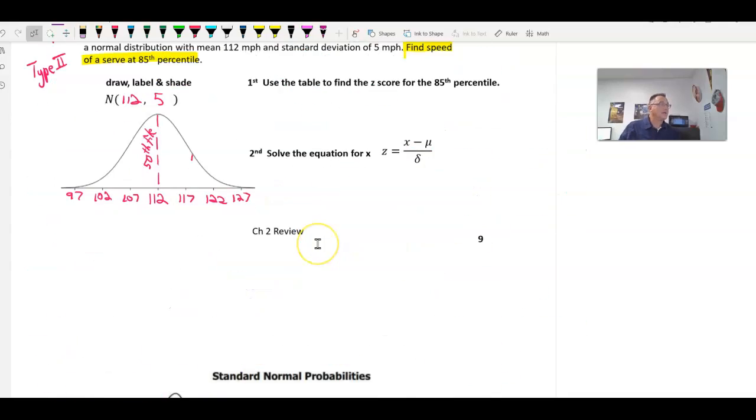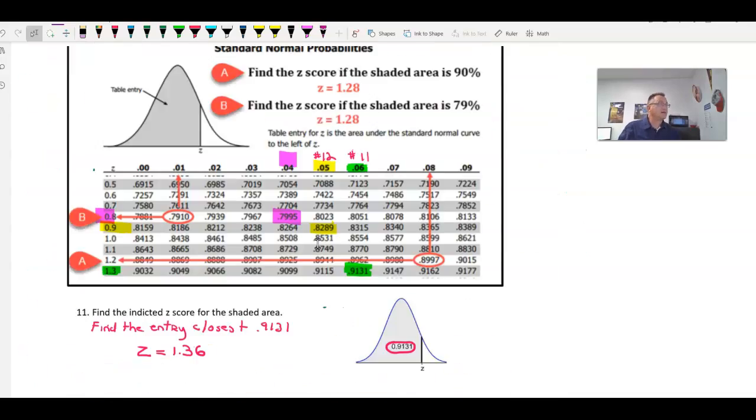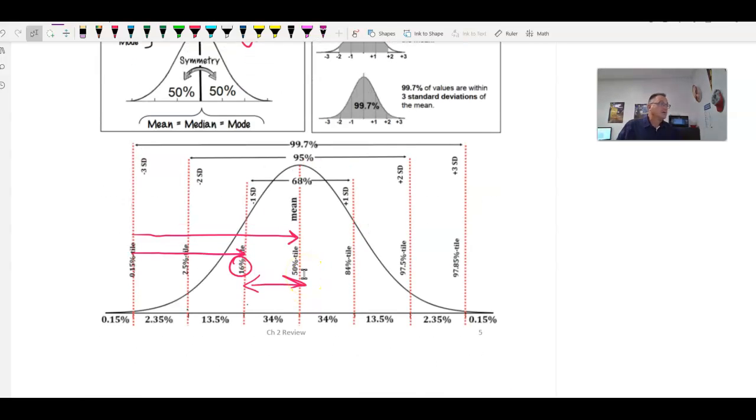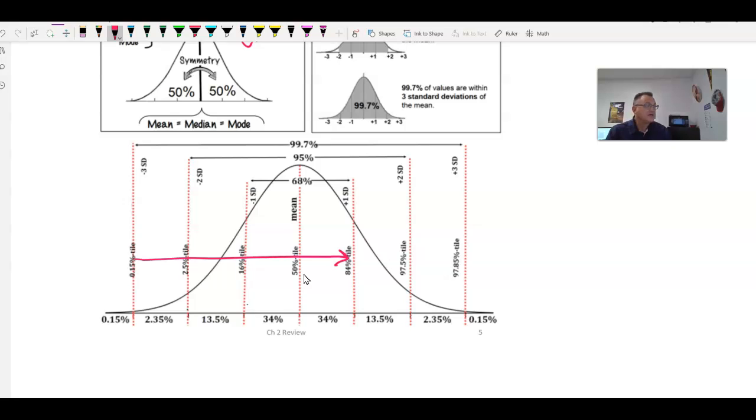Okay, and the 85th percentile, if we look back at this chart here, it's going to be just a little bit past. I'm going to shade everything up to that standard deviation because that's 84%. So we're going to shade just a little bit.